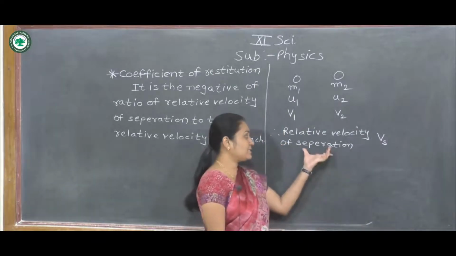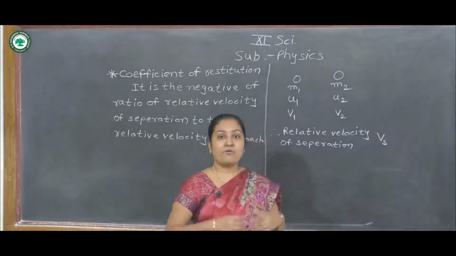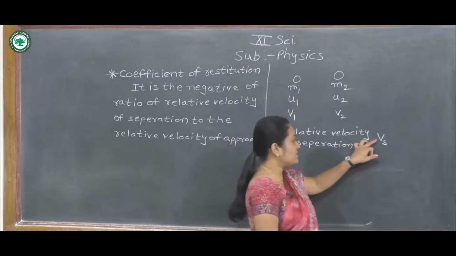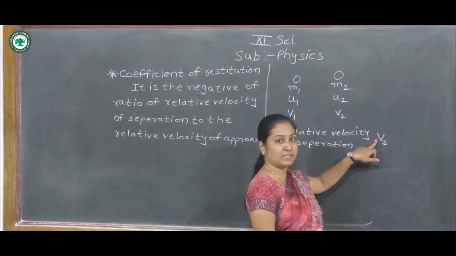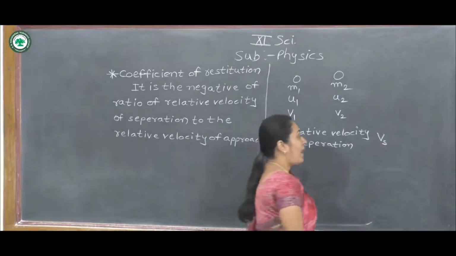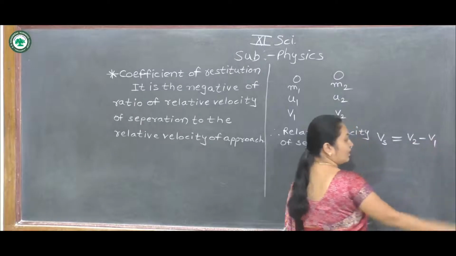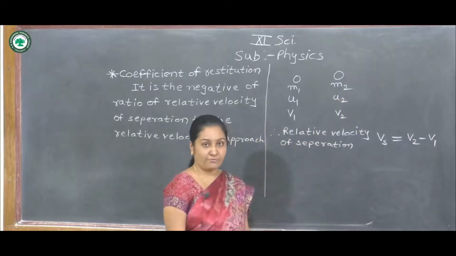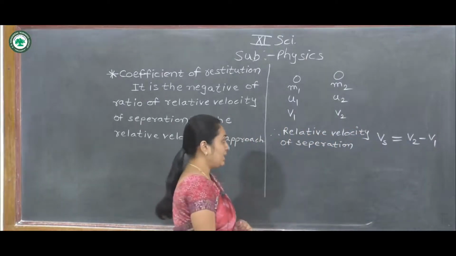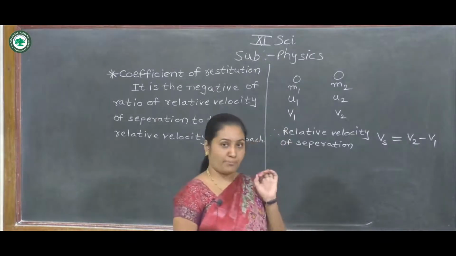That means this relative velocity of separation is the one after collision. So we can say it is a final velocity, denoted as Vs, and it is equal to V2 minus V1.